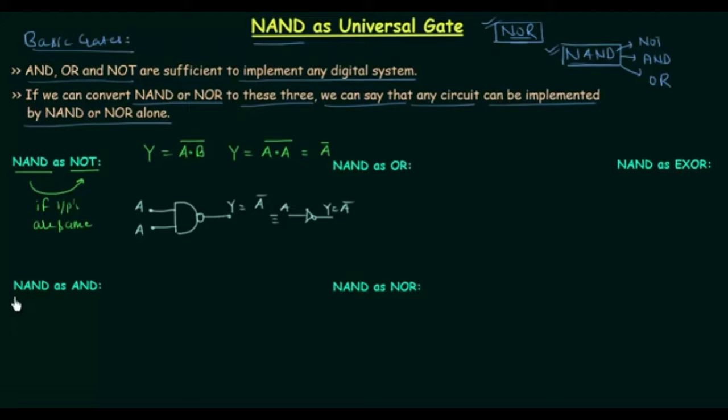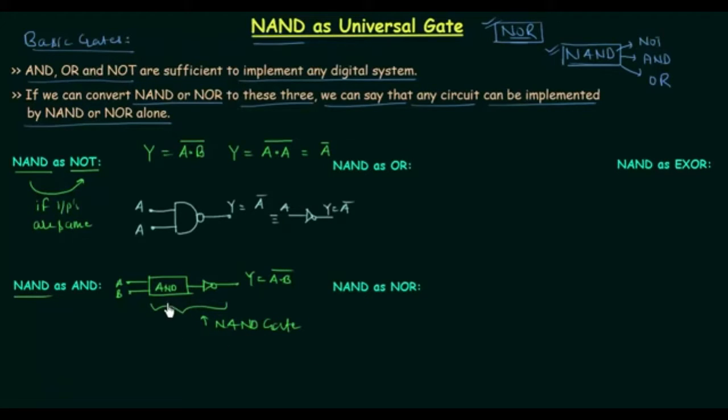If you remember the NAND gate presentation, I told you we obtain the NAND gate by complementing the output of an AND gate. If we have an AND gate and we complement its output, then this will work as a NAND gate, (A and B) whole complement.